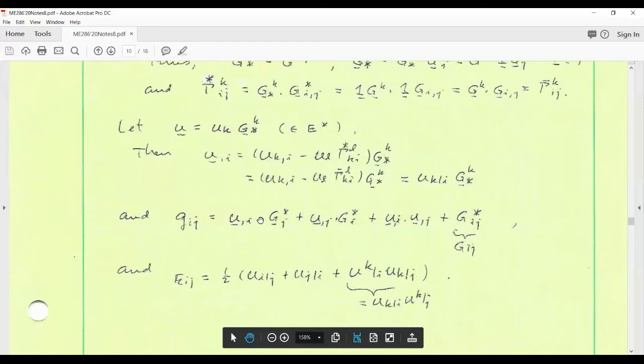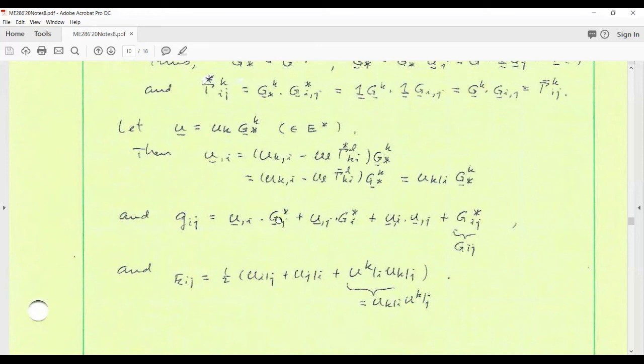And when you make these dot products, you're going to get G star super K, G star sub J is the Kronecker delta, the actual conventional Kronecker delta, ones and zeros. You sum on, and you're going to get delta super K sub J, you're going to get a U sub J comma I, for example. And then another one here, and then here you're going to get these.